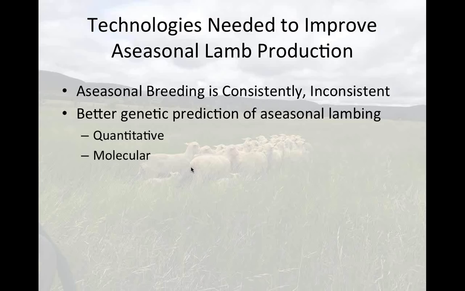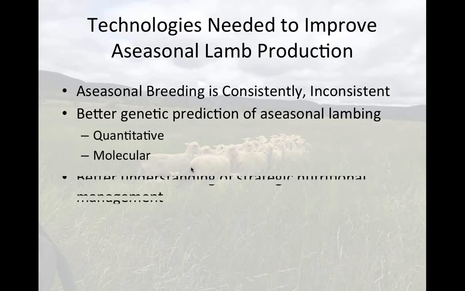And what could help us get there quicker is if we could identify molecular markers and do genomics, being able to identify which animals have a less defined breeding period and allow us to produce those aseasonal lambs easier.